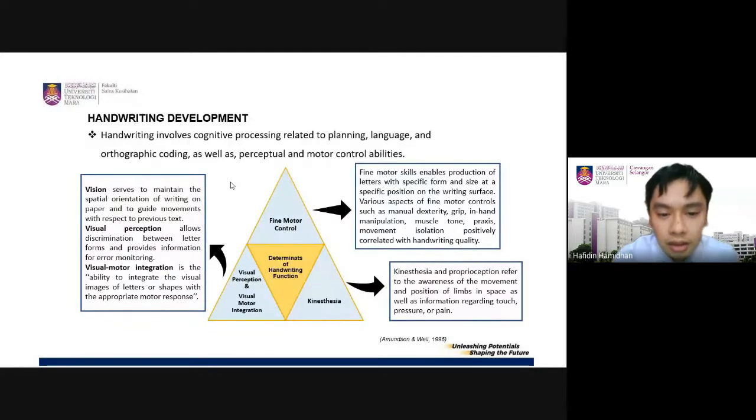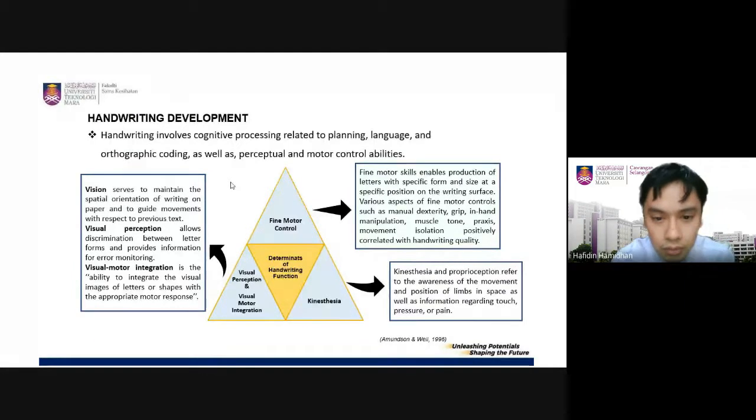okay, jika kita tengok dekat gambar rajah di dalam PowerPoint ni, ini menunjukkan determinants of handwriting function. Terdapat 3 determinants utama untuk handwriting function. Yang pertama sekali adalah fine motor control, macam yang saya dah jelaskan sebelum ni, yang mana kanak-kanak tersebut perlu master terlebih dahulu fine motor control mengikut developmental milestone.